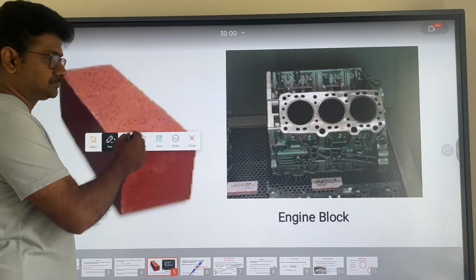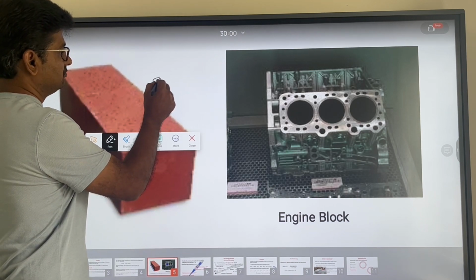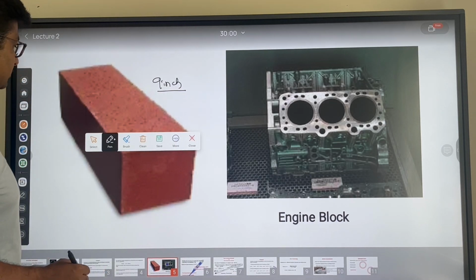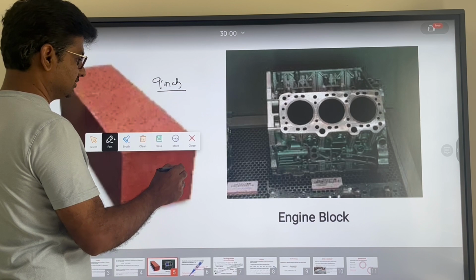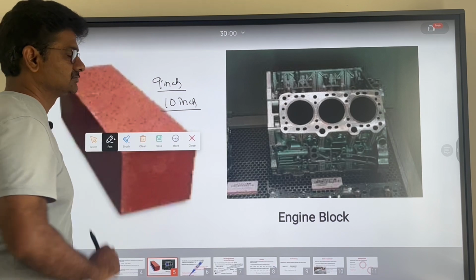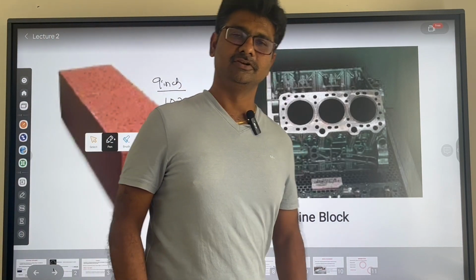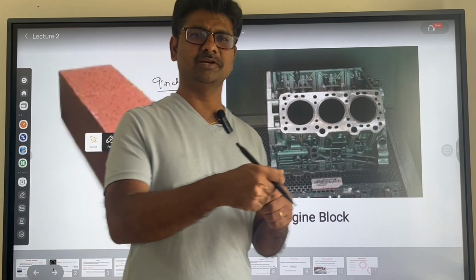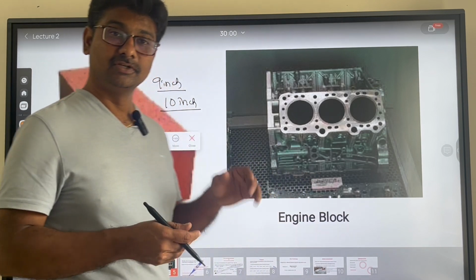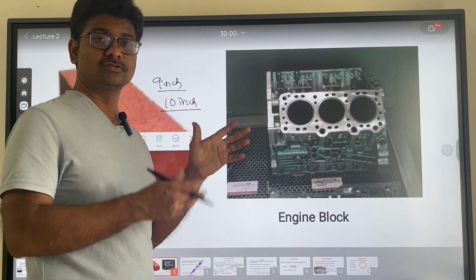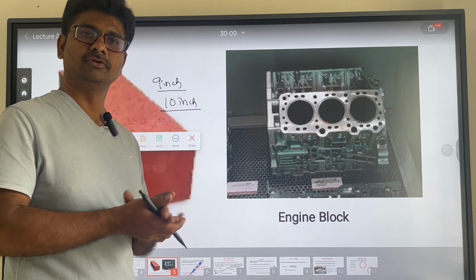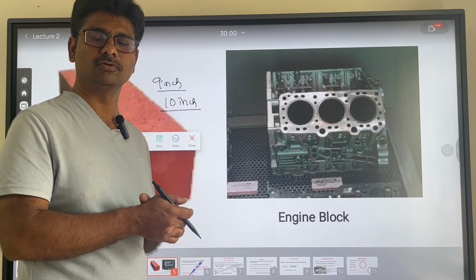What matters is the length of the brick. Suppose it actually measures 9 inch. If instead of 9 inch it is even 10 inch, it's okay, we are just measuring. If it's close to 9 inch, 9.5 inch, 10 inch, we can still use that brick. The application of a brick is just to construct, so we can use it, not a problem, even if it is half an inch more.